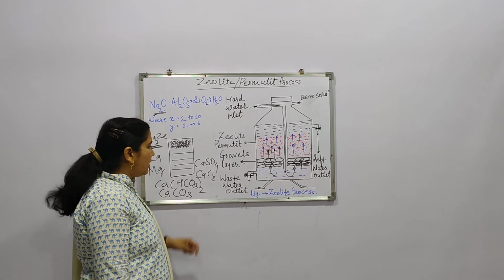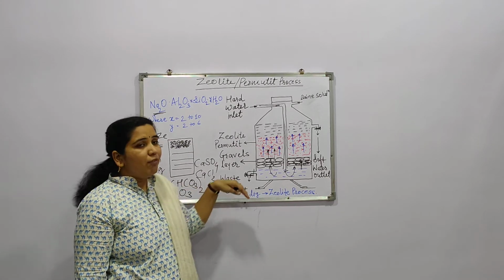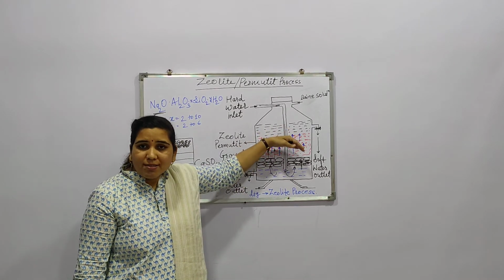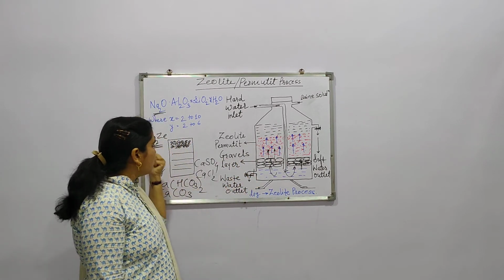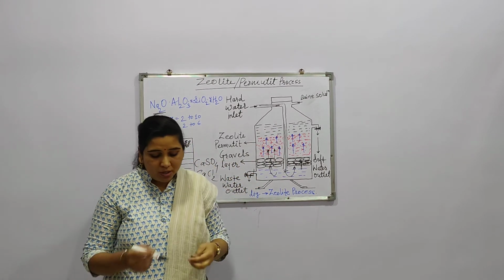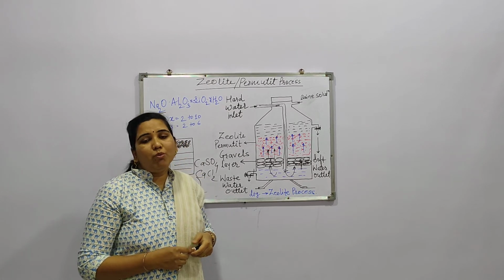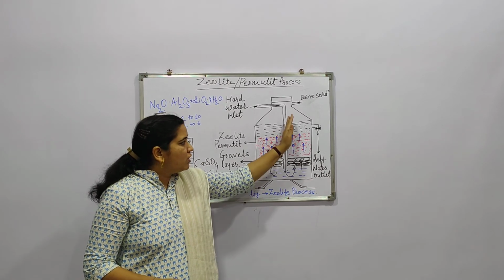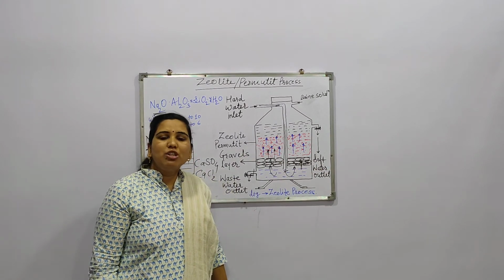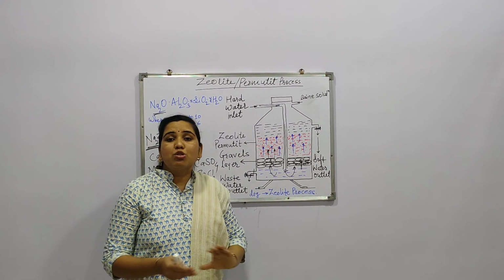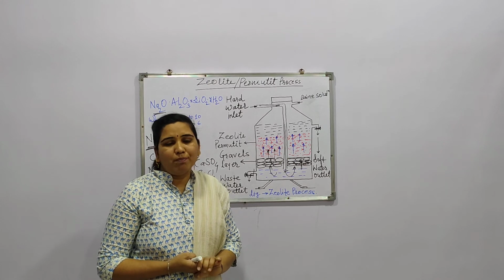So in this way, a single Ca or single Mg ion is removed with the zeolite. It gets entrapped by the zeolite, while the two sodium ions which were with the zeolite are now released into the water. The water which is produced is called soft water or clean water.